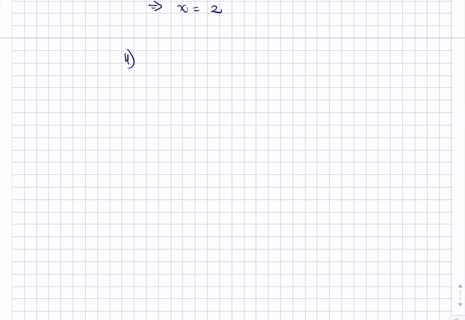Example number 4, I have 7 times x plus 3 equals 9 times 2x minus 1 minus 3. First we want to distribute our 7 over x plus 3. This gives us 7x plus 21 being equal to 18x minus 9 minus 3, after distributing 9 over 2x minus 1.